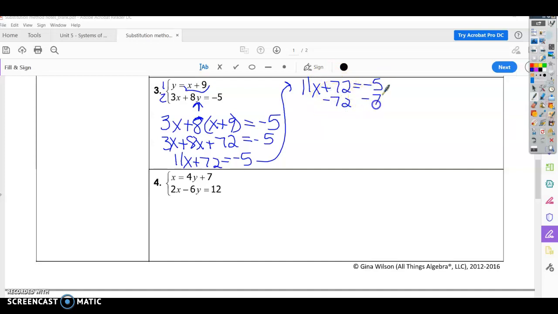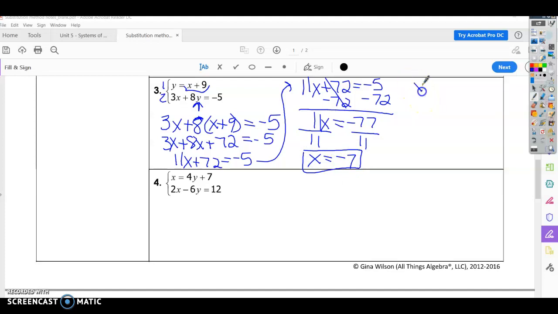And I'm going to subtract 72 from both sides. If I subtract 72, I have a minus 5 and a minus 72, which is minus 77. Divide by 11. X equals negative 7. All right, we found x. You still have to find y. Remember, you always need an ordered pair.